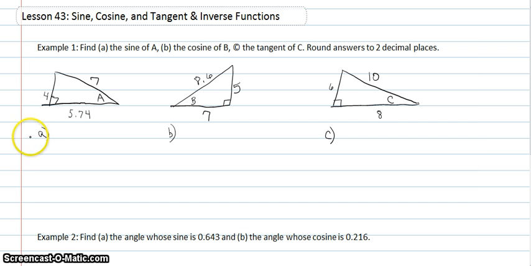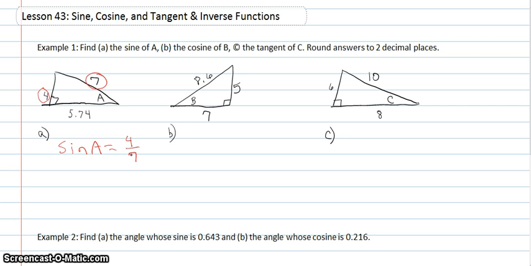So for this first one it says on A, find the sine of A. So the sine of A equals, remember that sine was opposite, so that's my side over here, over hypotenuse. So it would be 4 over 7, and then depending on what you want to do with it, you can leave it like that, or you might write it as a decimal.